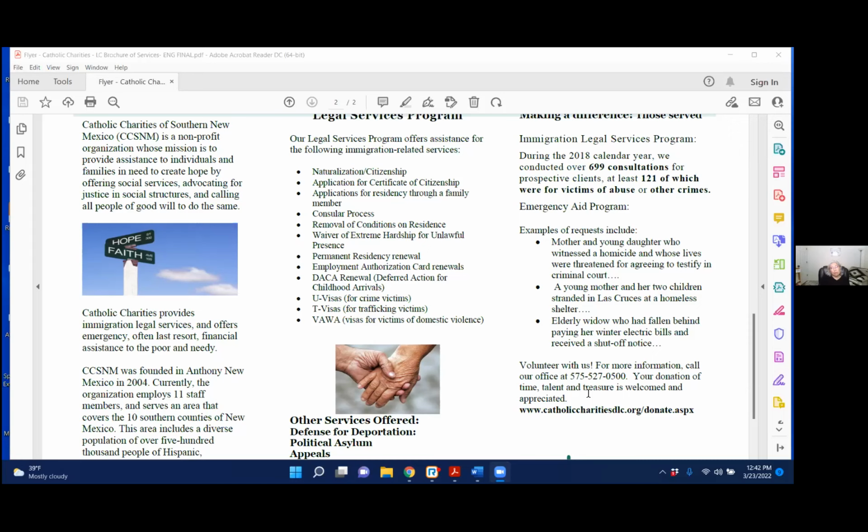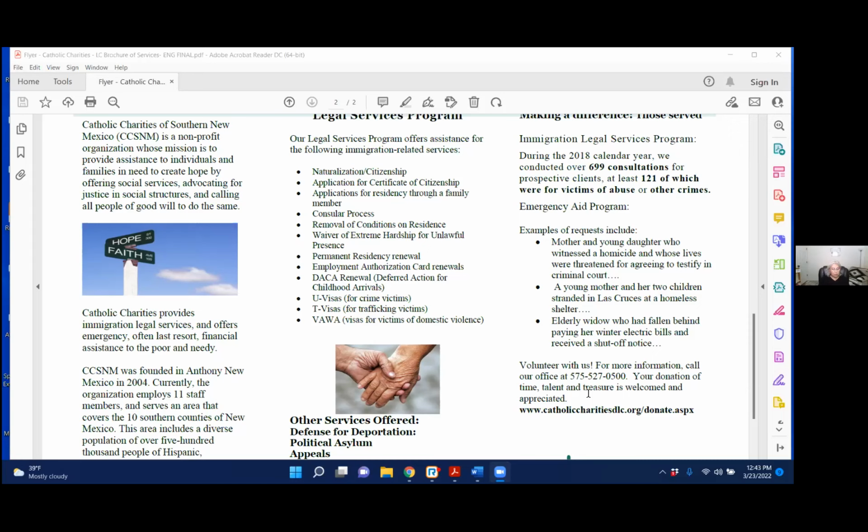The main emphasis of Catholic Charities is immigration legal services. We provide high quality, low cost, and pro bono legal immigration services. Some of the types of cases that we help clients in are naturalization, citizenship, family-based petitions, green card renewals, DACA, the U visas, which are for crime victims, the T visas for trafficking victims, and VAWA, which are the visas for victims of domestic violence.